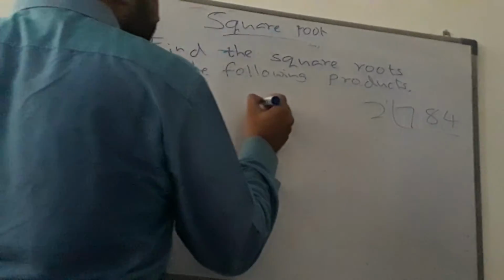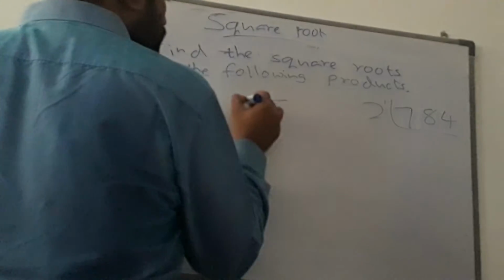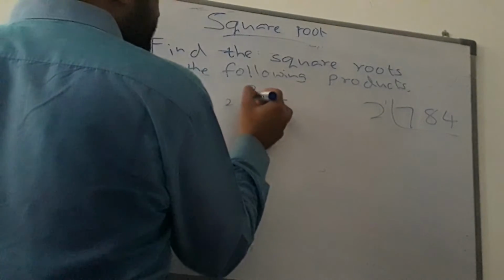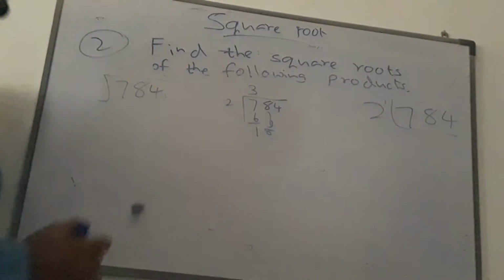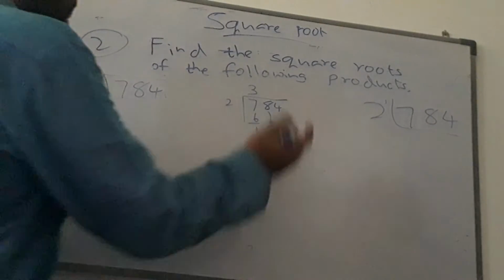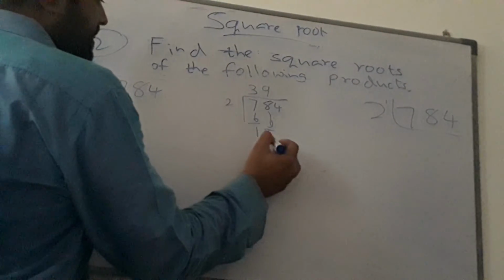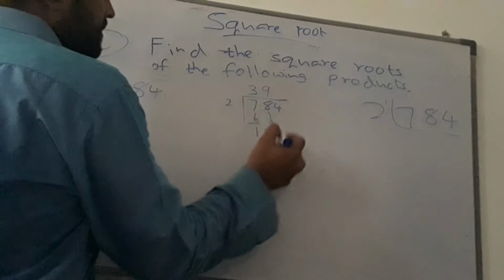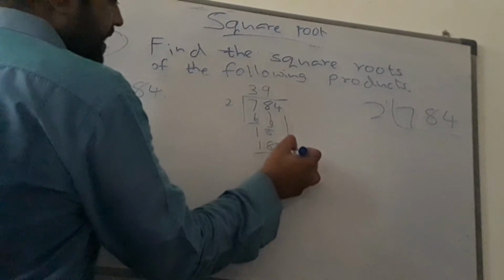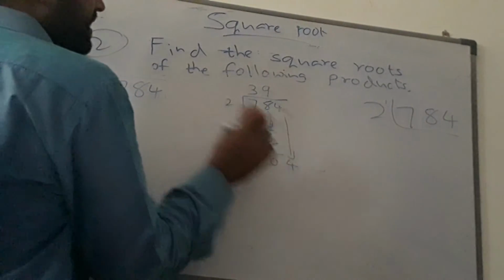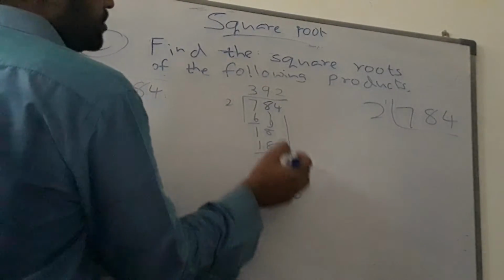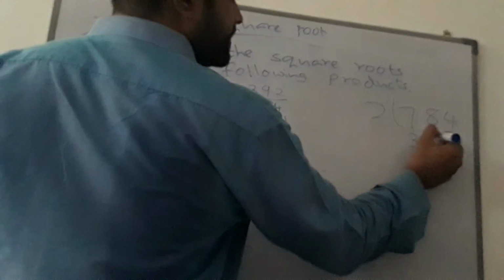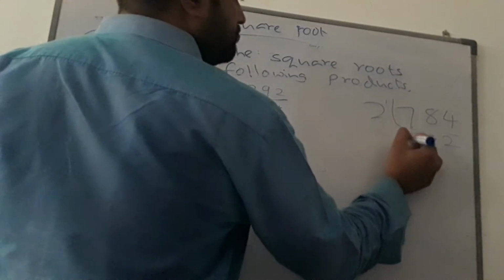So when we divide 784 by 2, 2 times 3 is 6, 7 to 6 the gap is 1, take 8, 18. How many 2's? 9. 9 times 2 is yet again 18. 18 to 18, 0, and take 4 down. How many 2's are there in 4? 2 times 2. So 392 is the answer here.